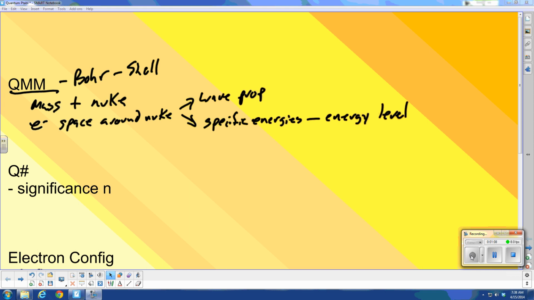And when an electron jumps or switches an energy level, we say this is quantized.